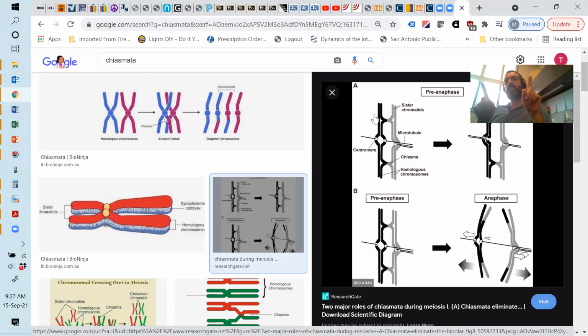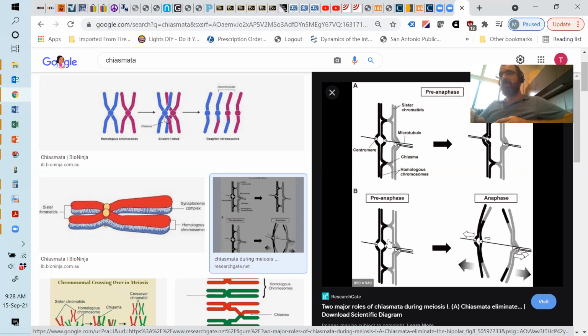So there's always a reciprocal, right? So if I were able to, which I'm not, take this knuckle off my finger and stick it on this one, I'd have exactly the same go from this finger onto this one, right? And so that region where the crossing over occurs is called a chiasma, plural chiasmata, right?